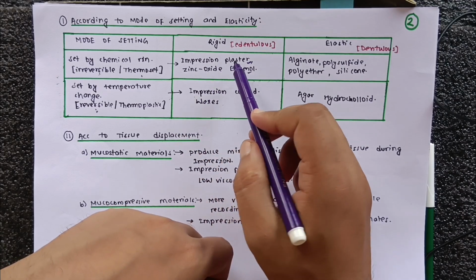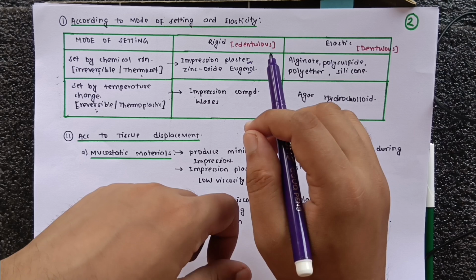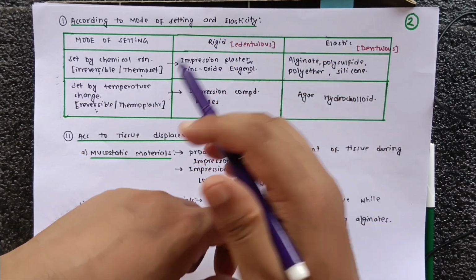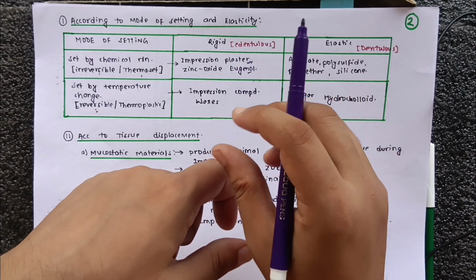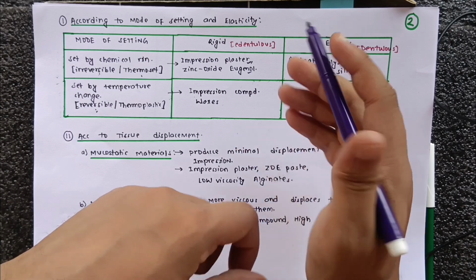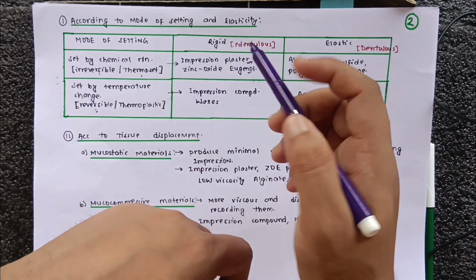You can remember this by the gypsum product. When you mix the dental plaster by adding water and do the manipulation, there is a formation of the set mass. That set mass does not change back into the previous powder form. You can remember it that way.